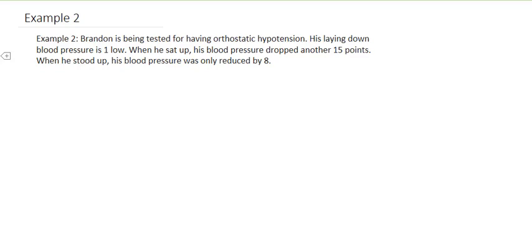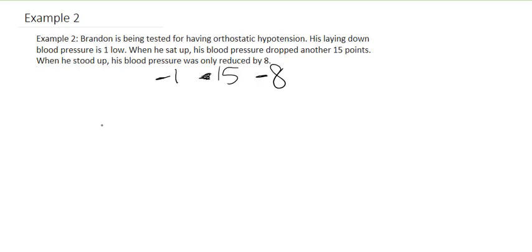First, let's start by collecting our numbers to answer this problem. We have 1, 15, and 8. And they were all lowered, so let's just indicate that negative sign on all of them. So, since we have all the same sign, let's take the absolute values of the numbers and add them.